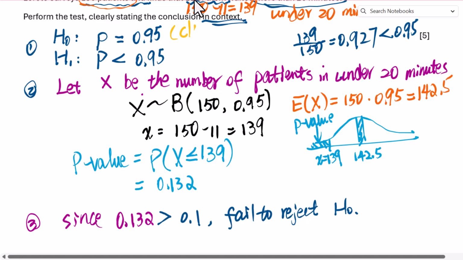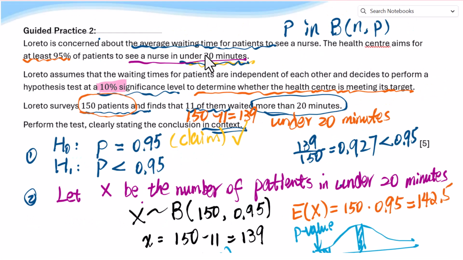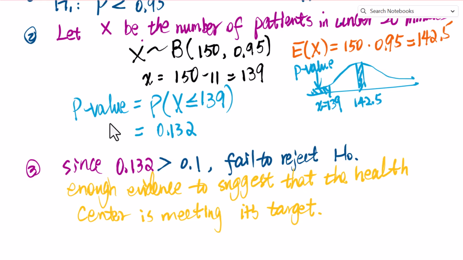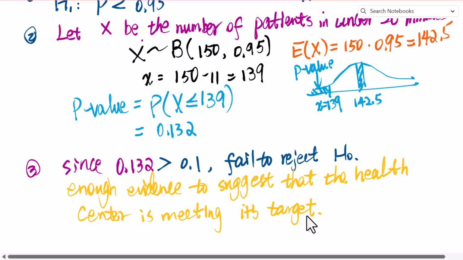This is the claim. Fail to reject H0. This is a check. So we can write down the conclusion like this: enough evidence to suggest that the health center is meeting its target.